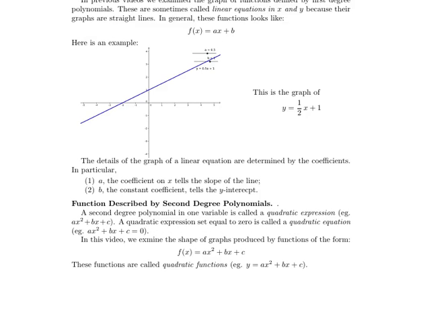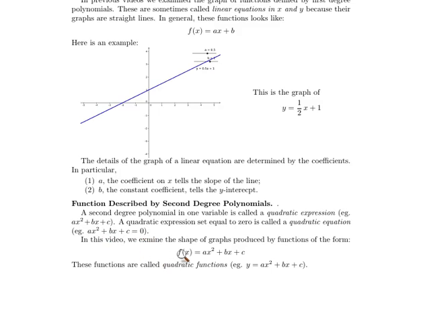Let's pay just a little bit of attention to some vocabulary here. A second-degree polynomial in one variable is called a quadratic expression. When you take a quadratic expression and set it equal to 0, that's called a quadratic equation.